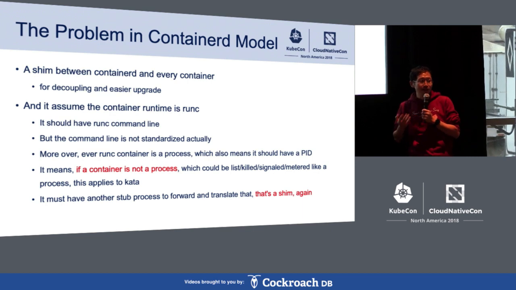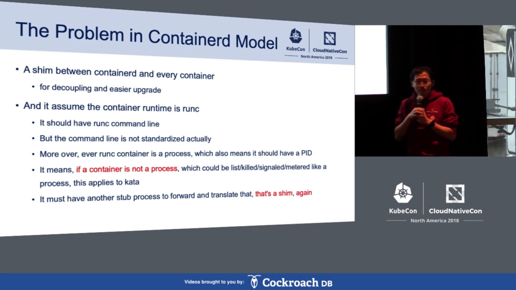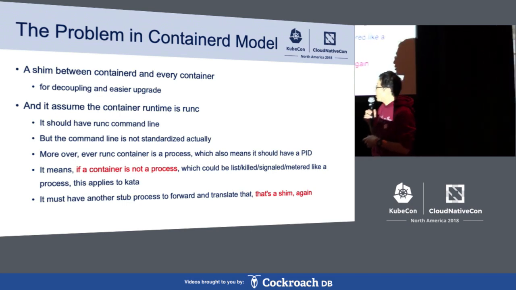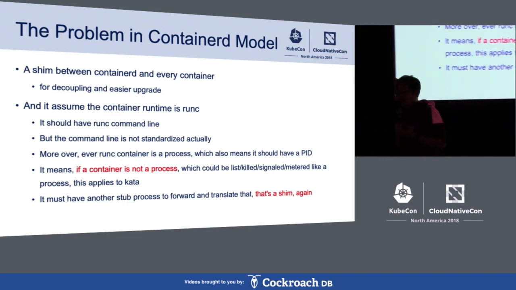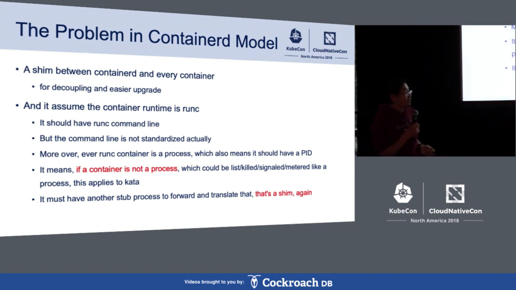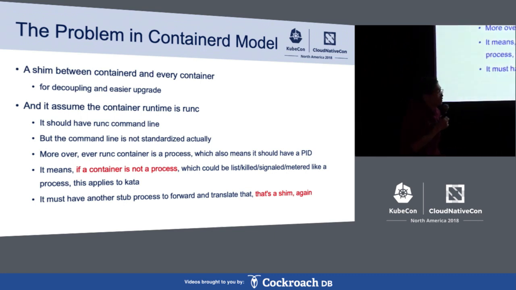This is the only responsibility of this process. It looks quite tricky, and actually we don't like this implementation. But whenever you must have runc compatibility, you have to implement this. So here is a stub process to forward it. That's a shim.